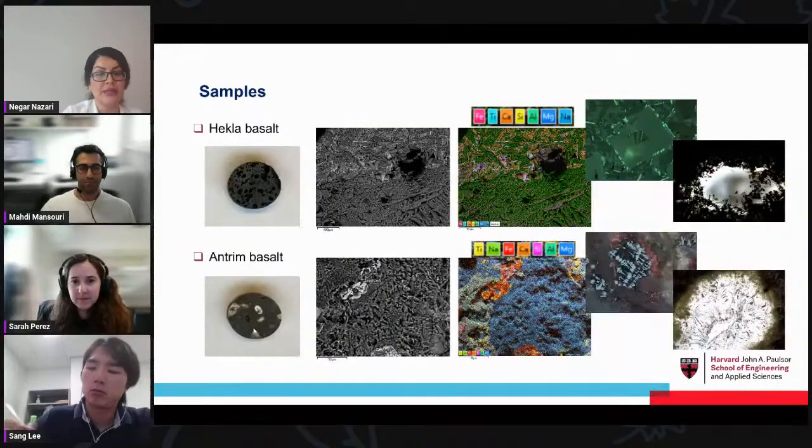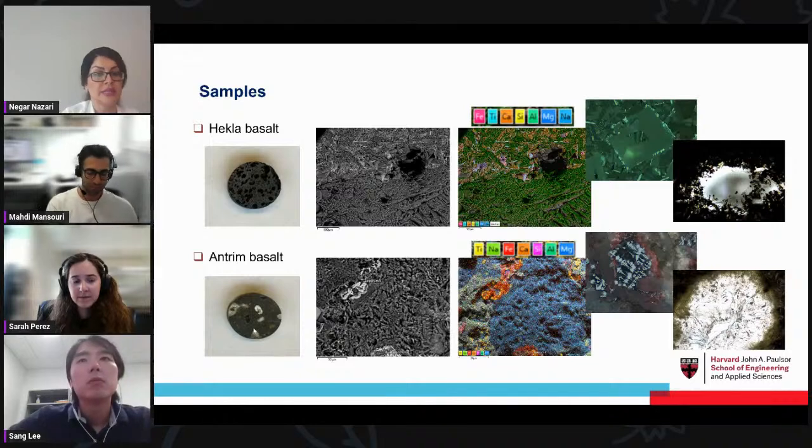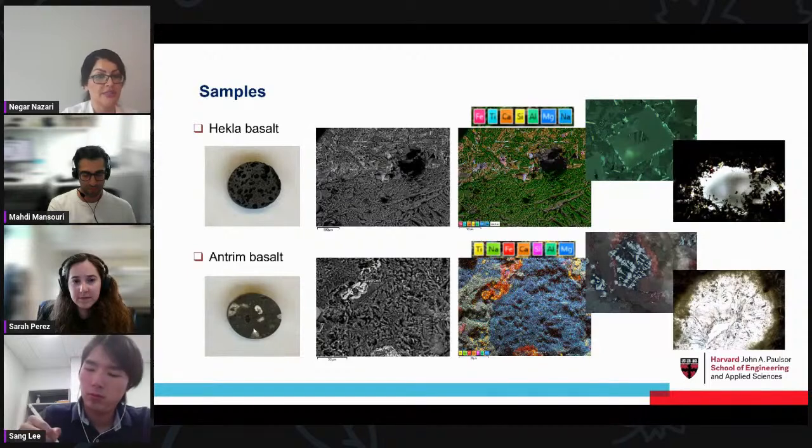A little bit about the mineralogy of the samples and the minerals present there. We use two different samples. The first one is the Hecla basalt, and the second one is the Antrim basalt. What is different about them is that Hecla basalt is considered a fresh basalt. A lot of the pores are still open. They didn't go through any tertiary reactions, and we have a lot of open spaces within them.